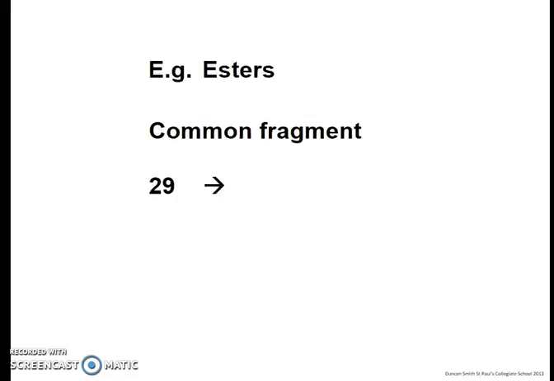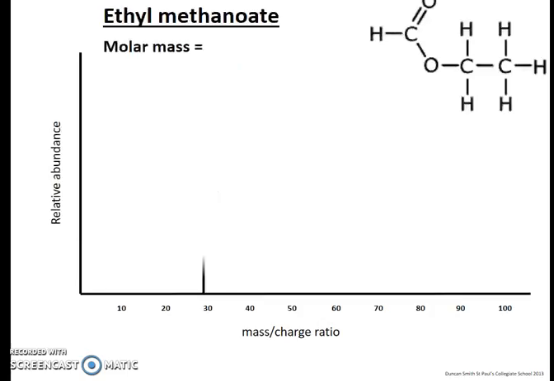Esters are more complicated again. But again, if you've got a peak at 29, that could indicate that the double bond oxygen is at the end of the chain. And particularly with esters, the key thing is that they often fragment in the bond between the carbonyl group and the single bond oxygen.